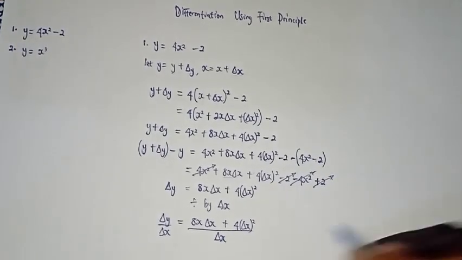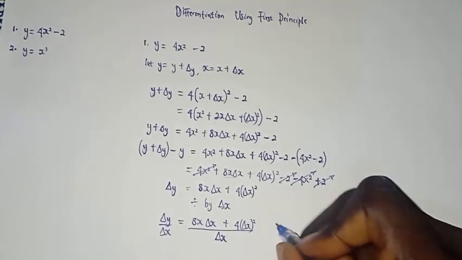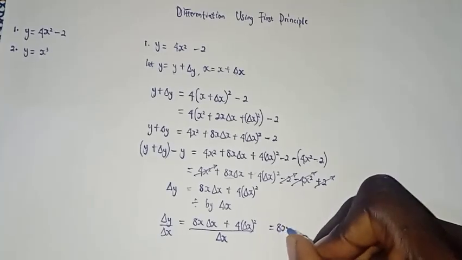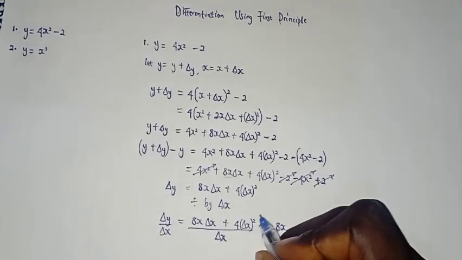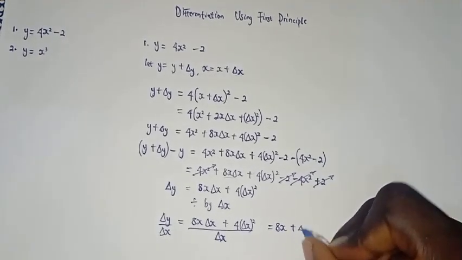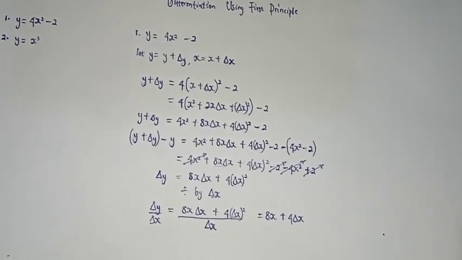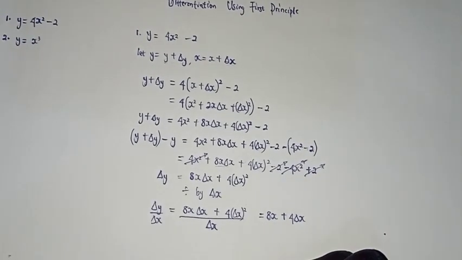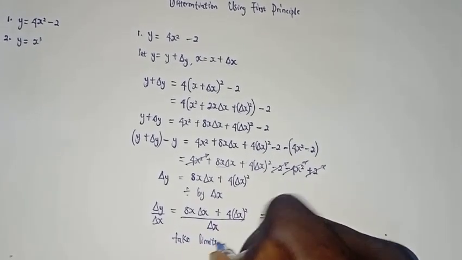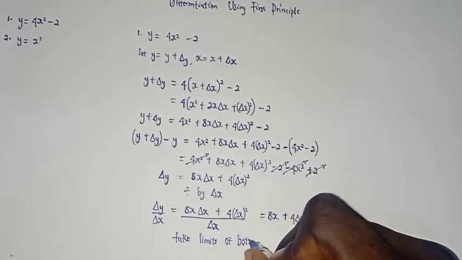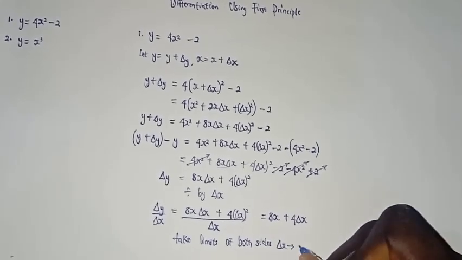So some things will cancel out. Delta x will cancel out delta x, and then this becomes 8x, and then delta x will cancel out 4 delta x all squared, and then we have just 1, so it becomes 4 delta x. And so the next thing to do is we take the limit of both sides, as delta x approaches 0.